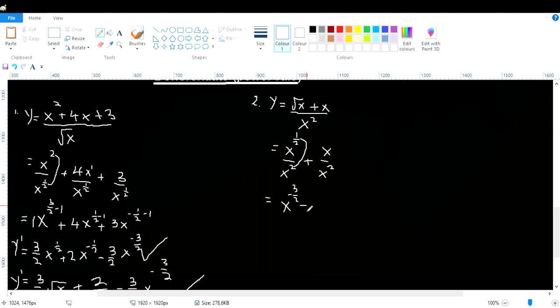Plus, here we have to the power 1, so it's 1 minus 2, which is equal to x to the power minus 1. Okay, now we can apply the power rule. Then let's differentiate now.